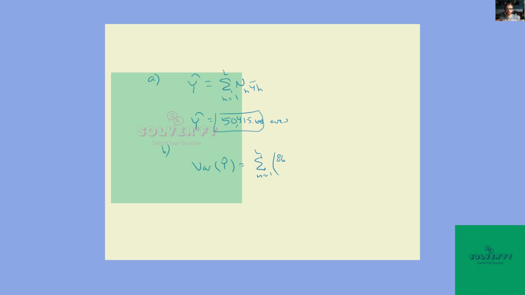It would be N sub H squared times N sub H minus n sub H over 14 times 86 times the standard deviation of H squared. And then we would continue that on until the last one, which would be 30 squared times 25 over 5 times 30 times 72,376.30.